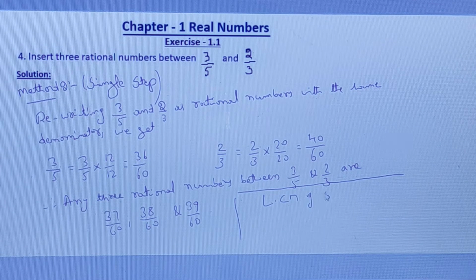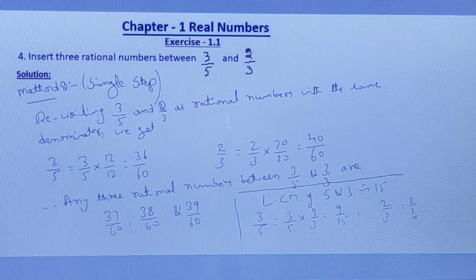Now 3 by 5, I will write this as 3 by 5 into 3 by 3, that is 9 by 15, and 2 by 3 as 2 by 3 into 5 by 5, 10 by 15. Now the denominators are equal in this case also.